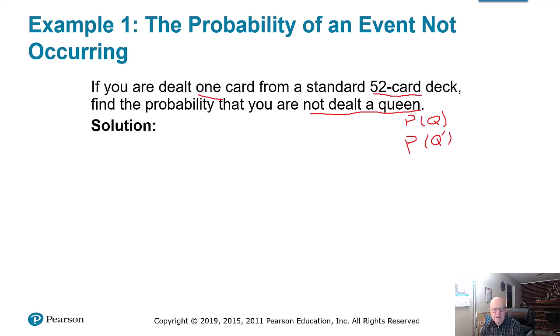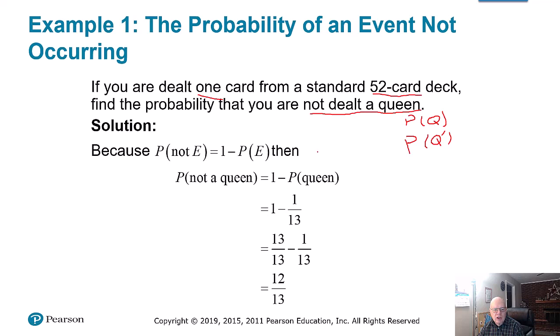So how do we get it? First of all, get the probability of getting a queen. Well, the probability of getting a queen is 1 over 13. If you missed something, that's because there are 52 cards in your deck. That goes in the bottom. Total 52 cards.